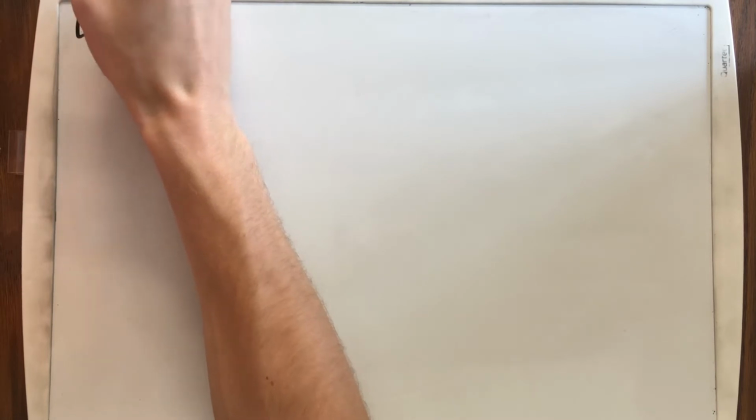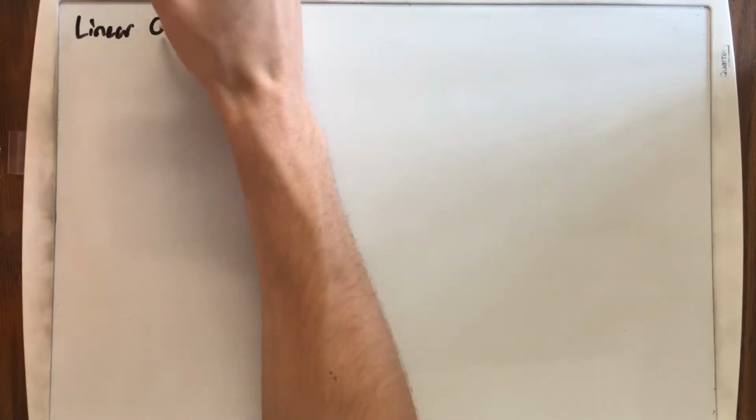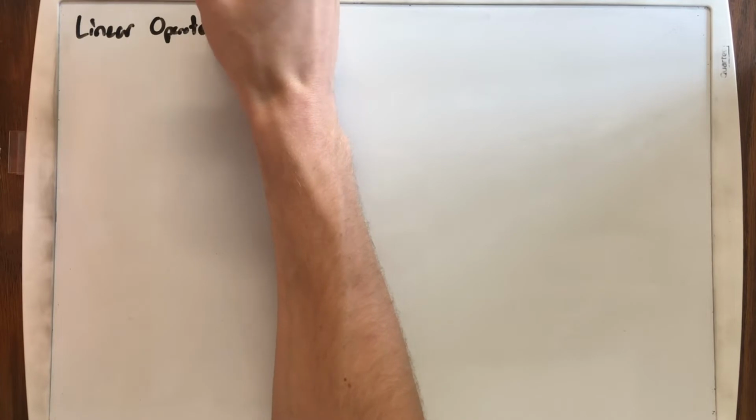So one of the most important rules about a derivative is that it is what is called a linear operator.